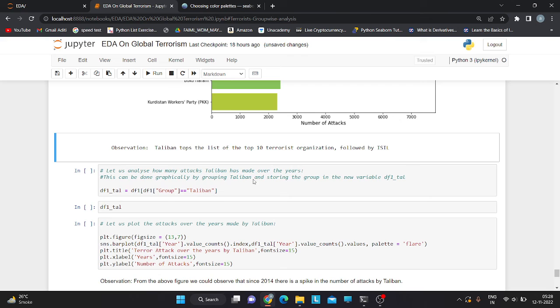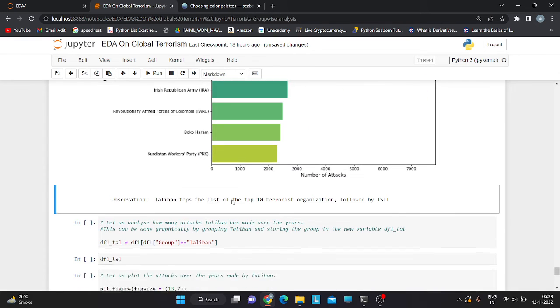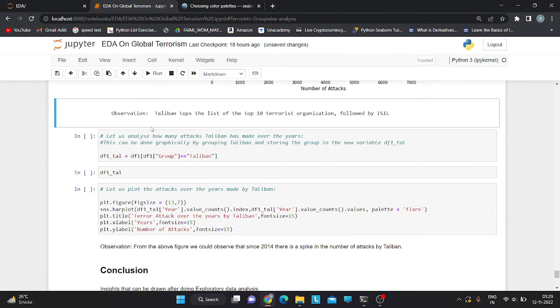So the observation is that Taliban is at the top, followed by ISIL. Now let us analyze how many attacks have taken place by Taliban, and how many attacks over the years they have made.